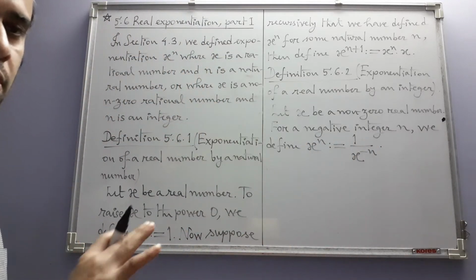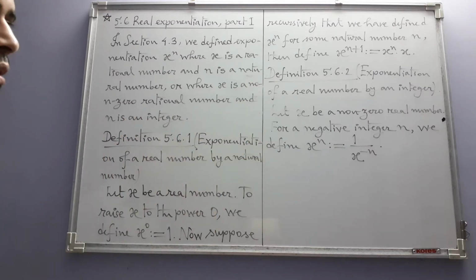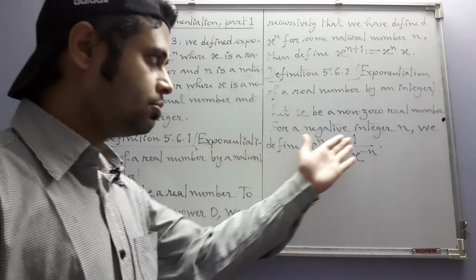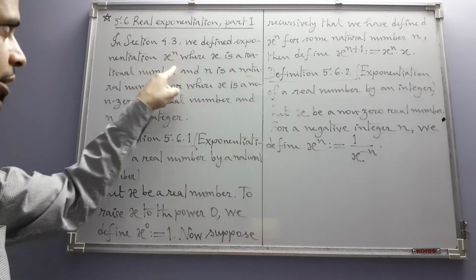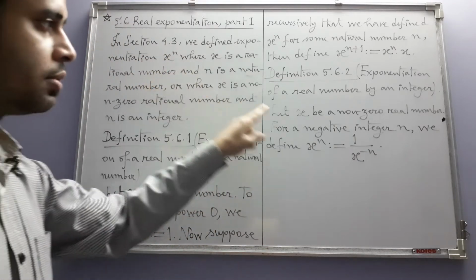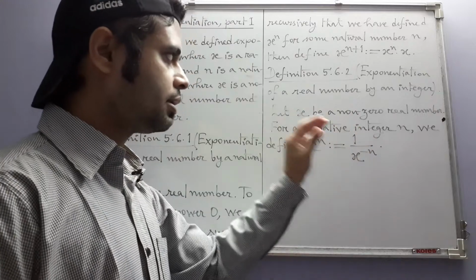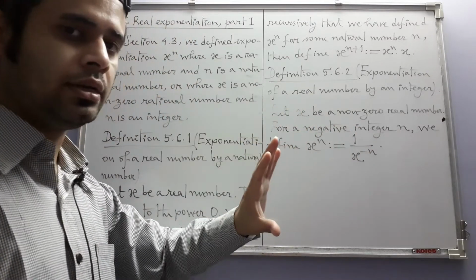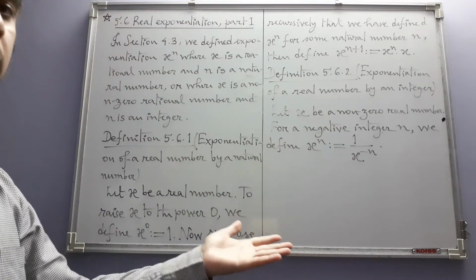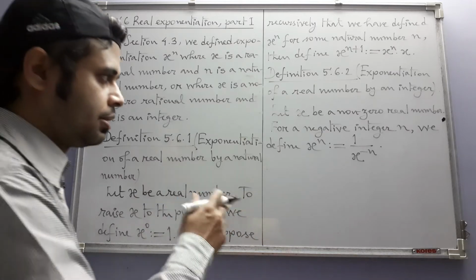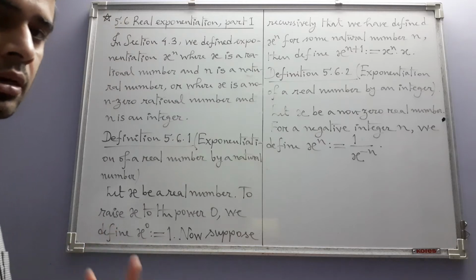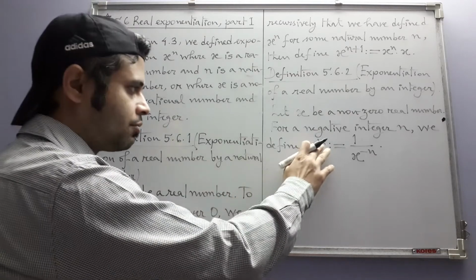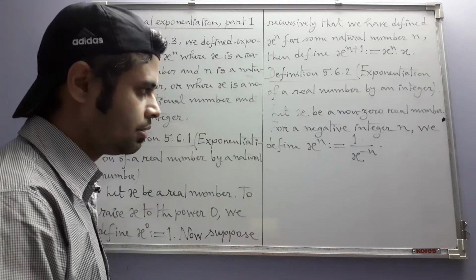It looks more natural than this. However, we decide to use n because we are defining this symbol, and we are considering the cases separately where n is a natural number and where n is a negative integer. So that's why we are using n here. But clearly the two definitions are equivalent. It's just a matter of writing n or writing minus n.